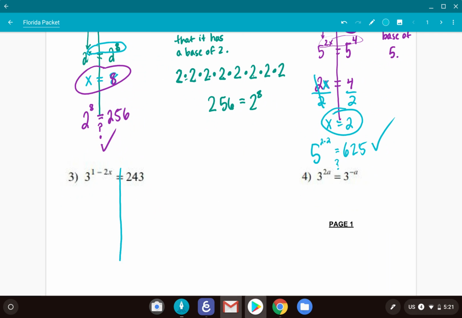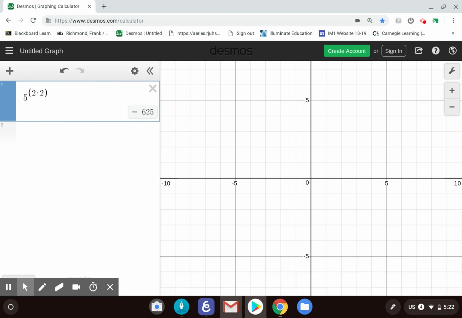So on the left-hand side, I already have a base of 3. So I'm going to rewrite my 243 to have a base of 3. And you can use a calculator to help you do that if you're not sure.